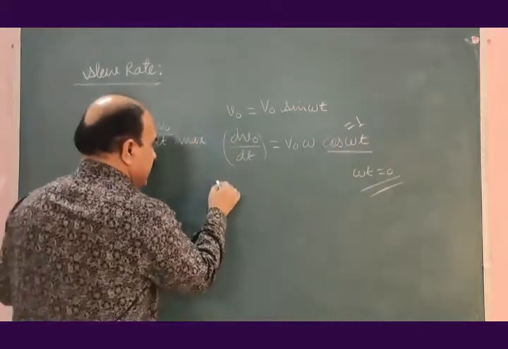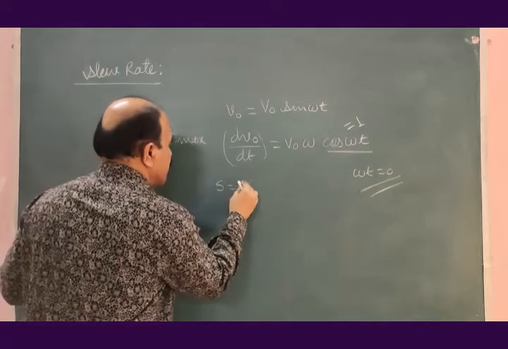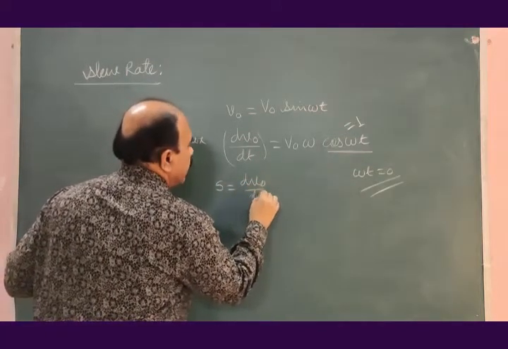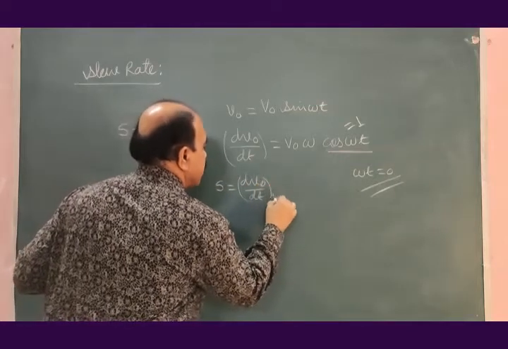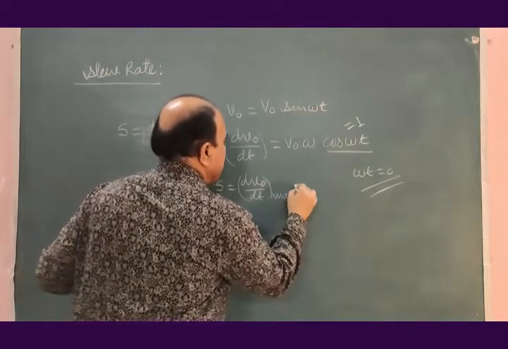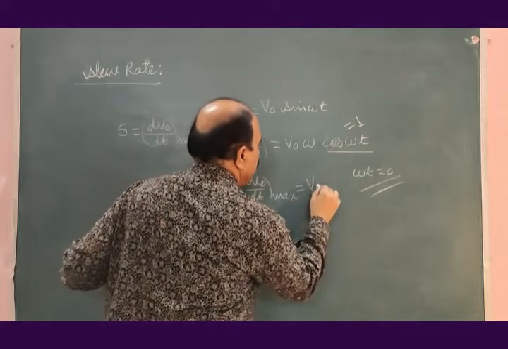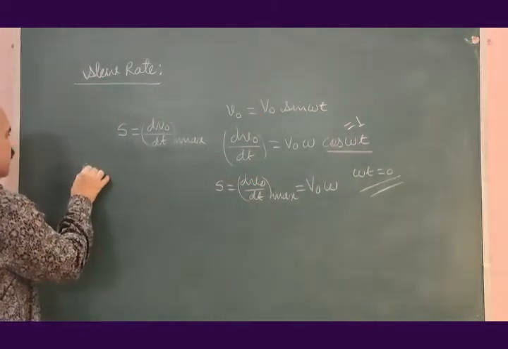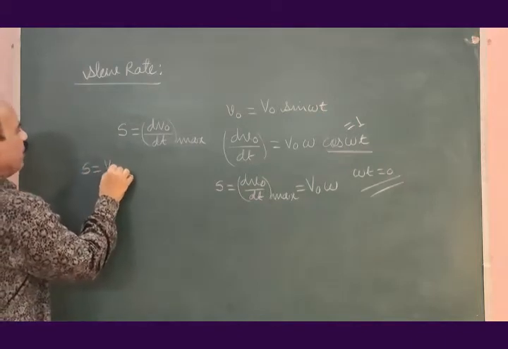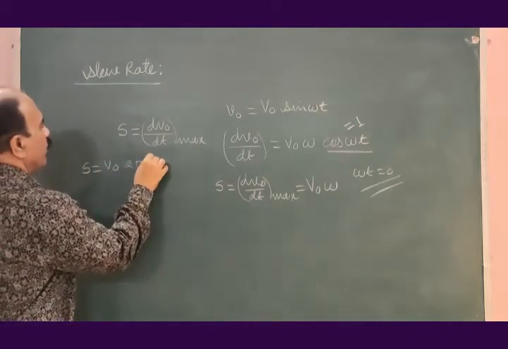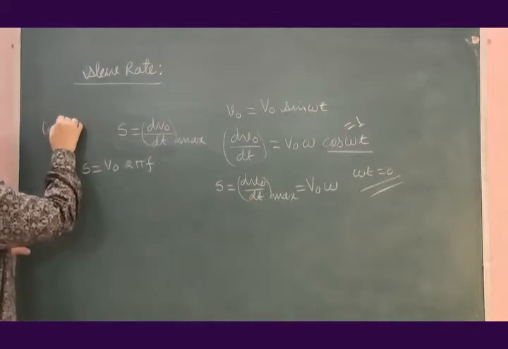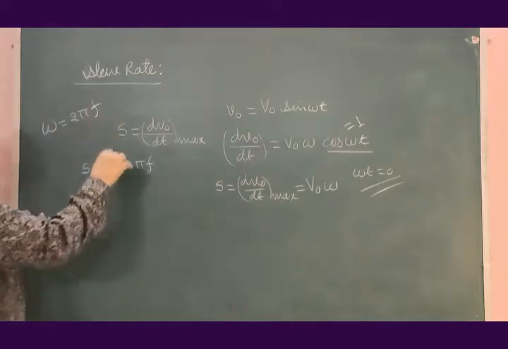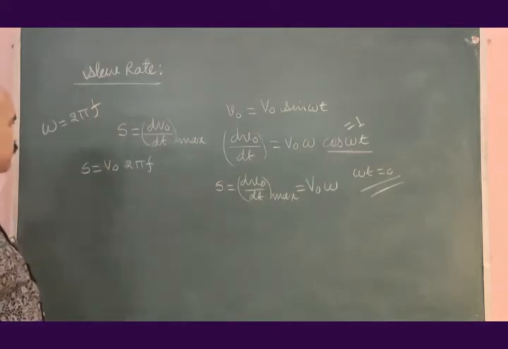Then S is equal to dVo by dt max, and this will be equal to Vo omega. That is, the slew rate S is equal to Vo times omega. The angular frequency is given by 2 pi f.